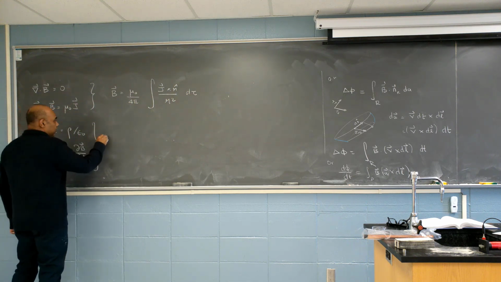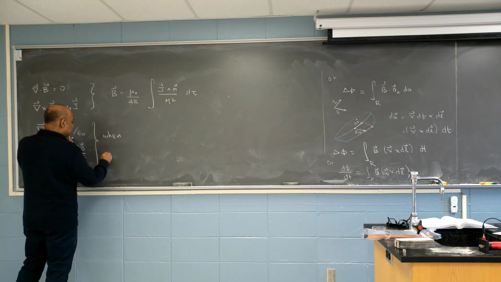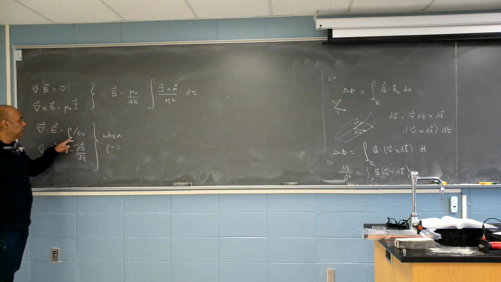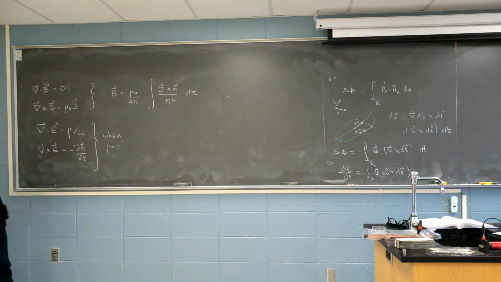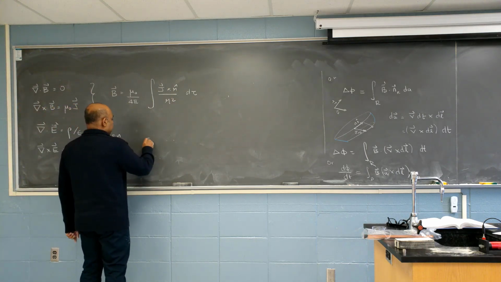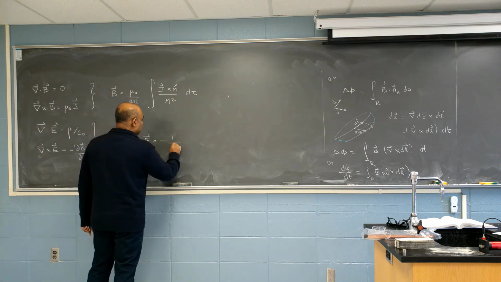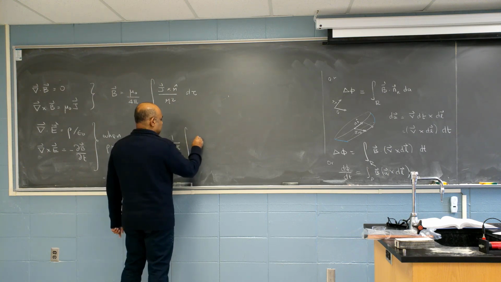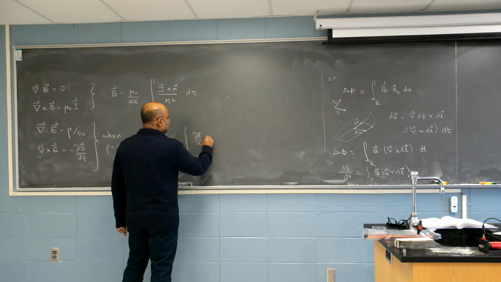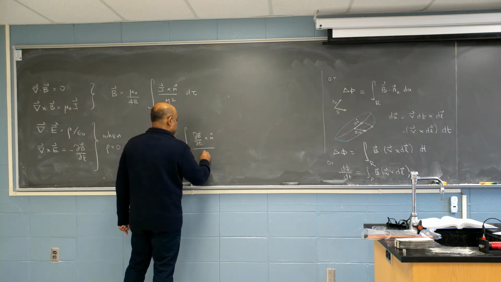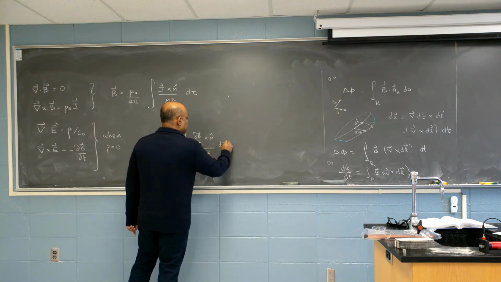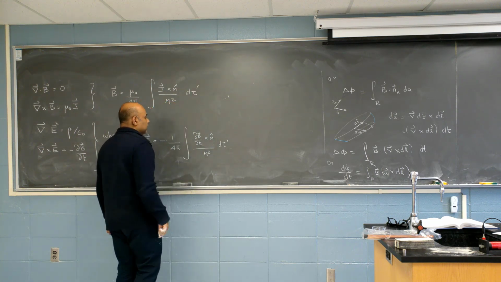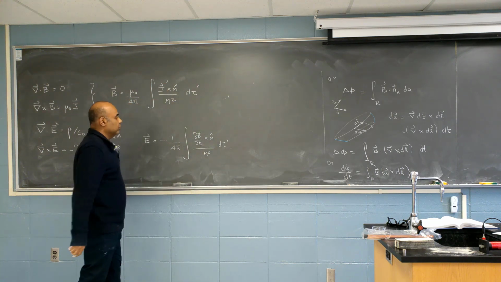If you look at this, when rho is 0, only if there are no net charges, you can say that E equals negative 1 over 4 pi integral of dB dt, and I should have put a prime because you're integrating over sources.